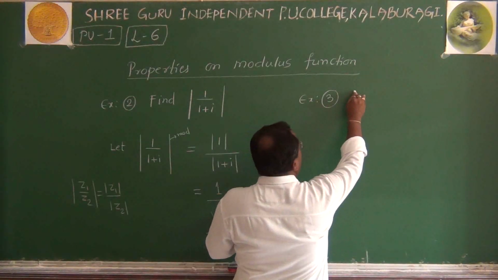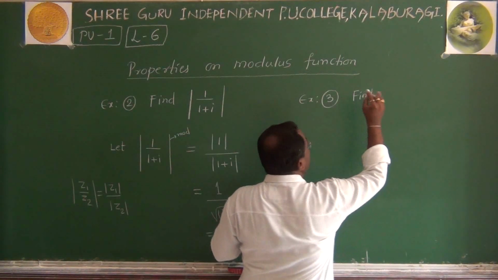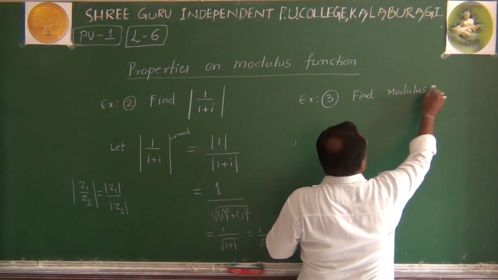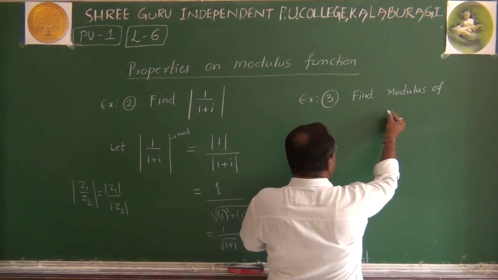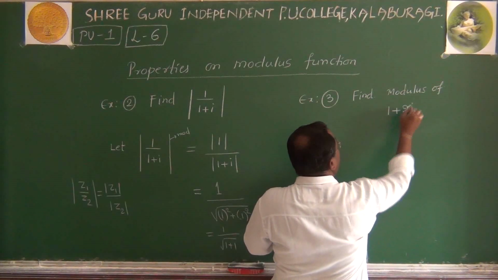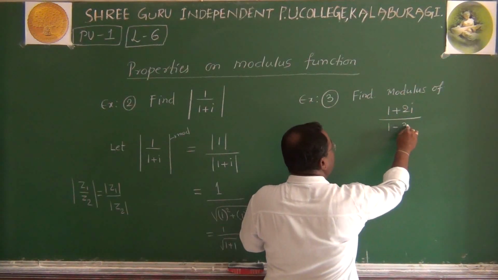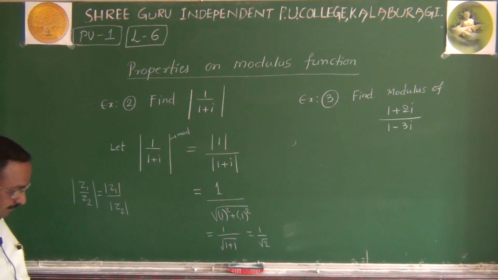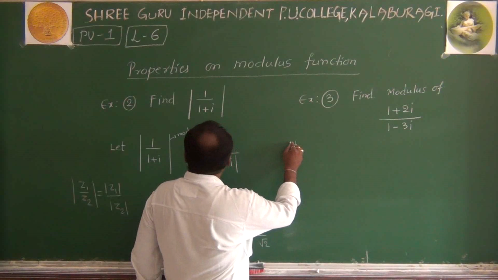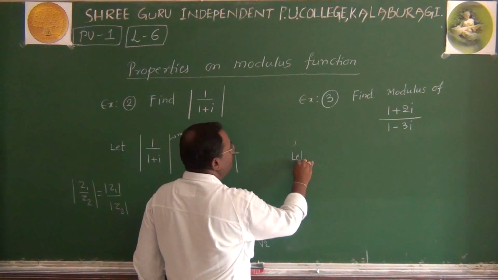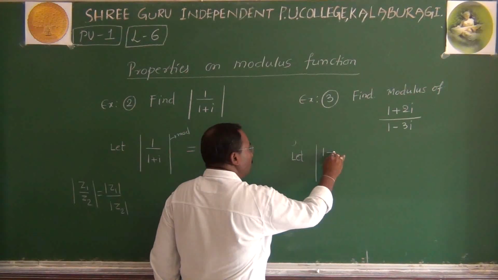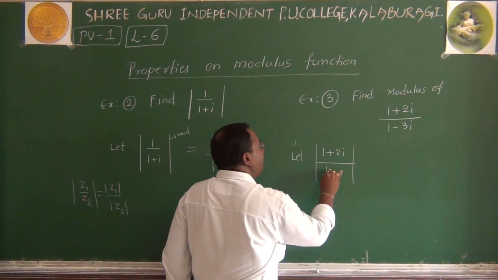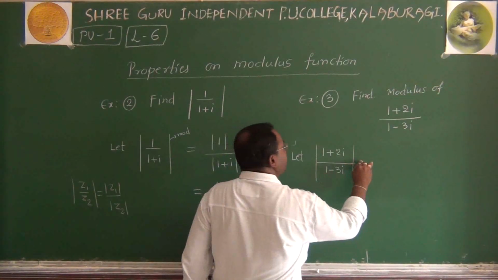Here, 1 plus 2i, find the modulus of 1 plus 2i divided by 1 minus 3i. Solution: let the modulus of 1 plus 2i divided by 1 minus 3i be as such.